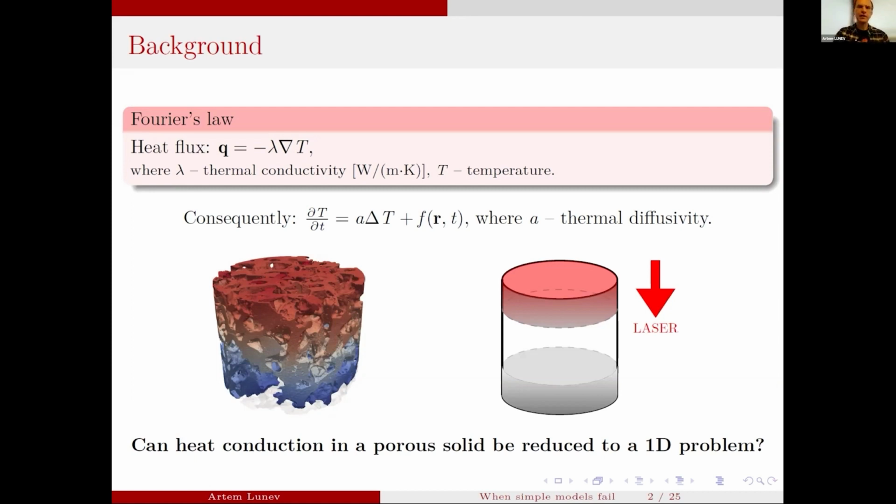The question is whether we can propose an effective medium sample which shows the same temperature behavior as the more complex and more detailed 3D representation, but is simpler to quantify because it is geometrically less detailed.